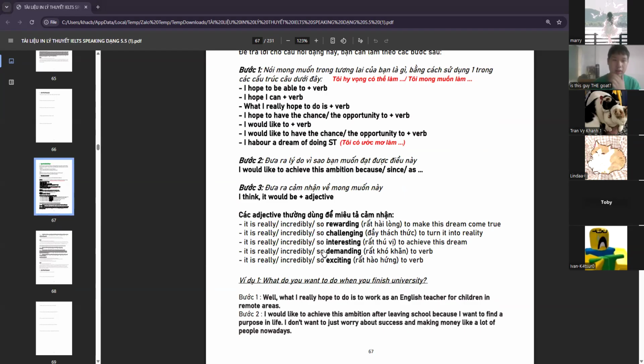When I finish my university, I would like to become a doctor or a scientist. Actually, I haven't decided much. I like to become a scientist because I love plants and I like science.